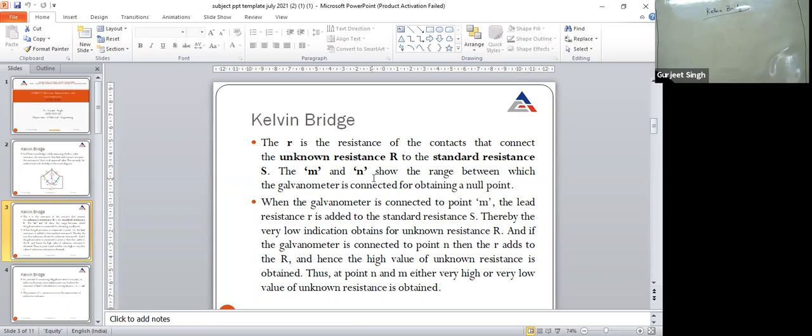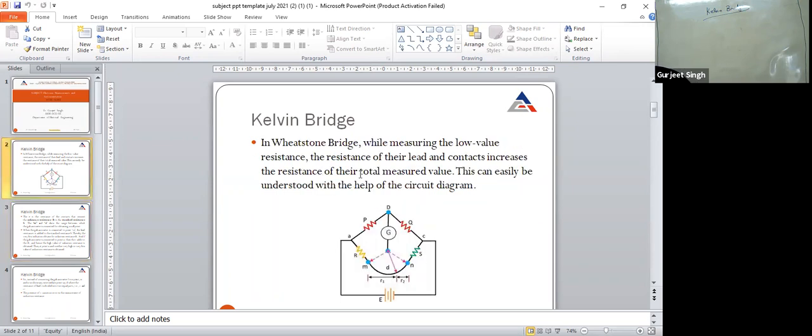So when the galvanometer is connected to the point M, the lead resistance r is added to the standard resistance S. So now I am considering case one. I am connecting this galvanometer to this point M. What will happen when I connect this galvanometer G to the point M?